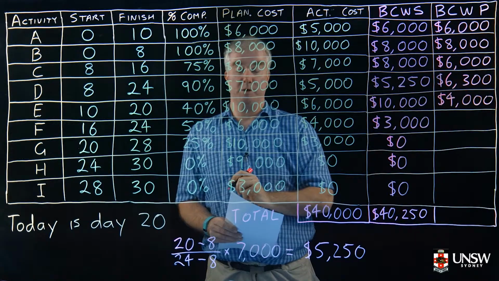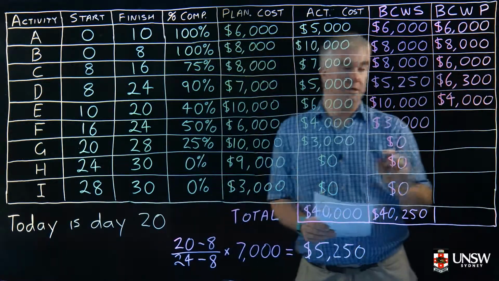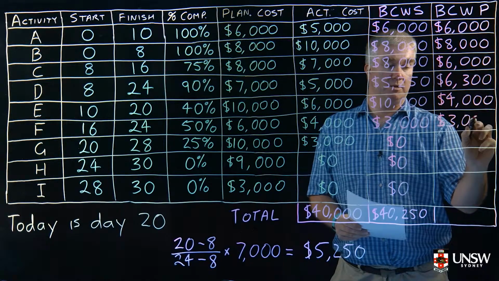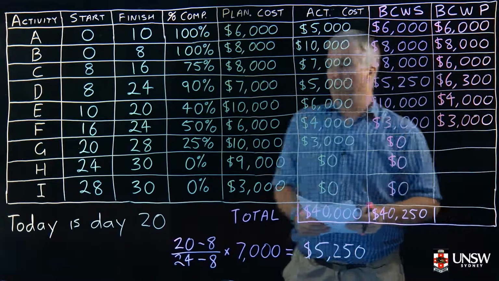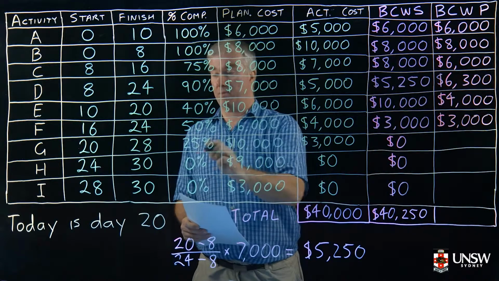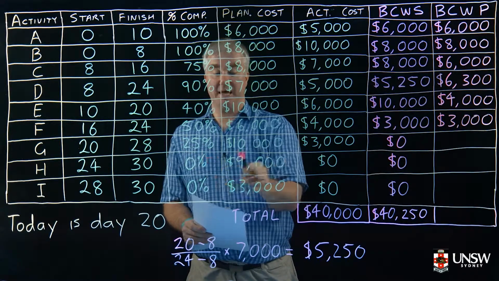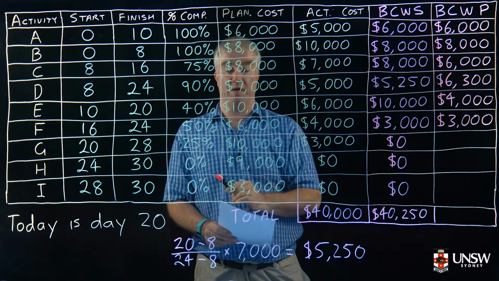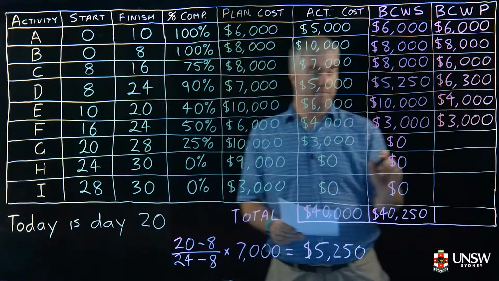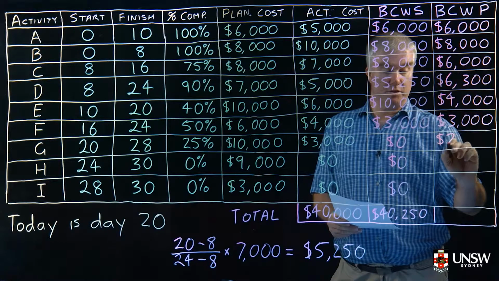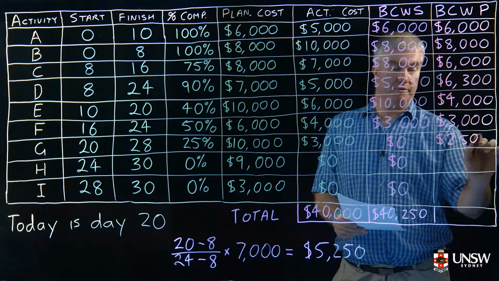It's supposed to cost $6,000, so half of $6,000 is $3,000. For activity G, we've done 25% and it's supposed to be worth $10,000. So therefore, it's worth $2,500.